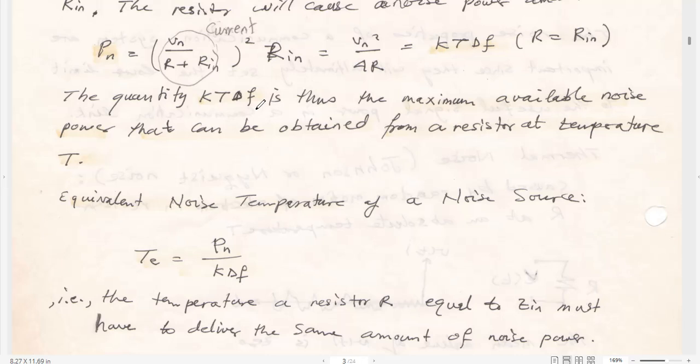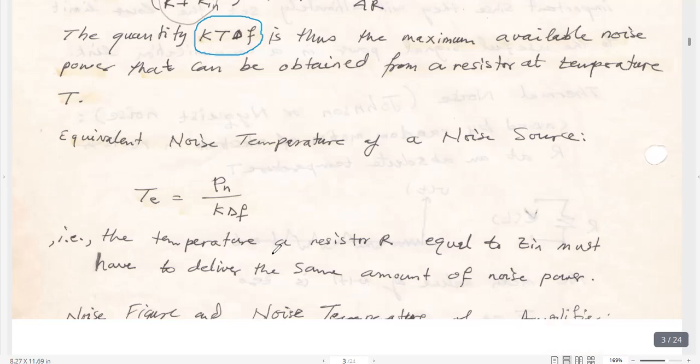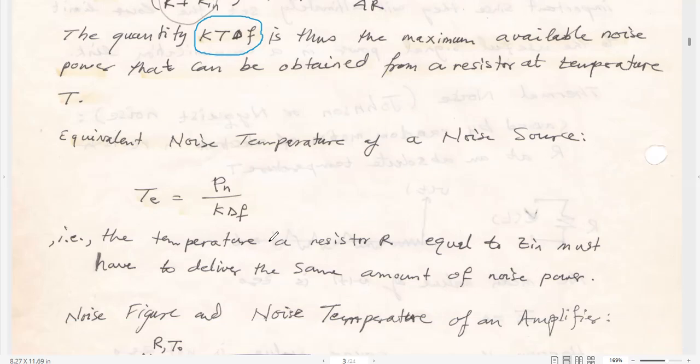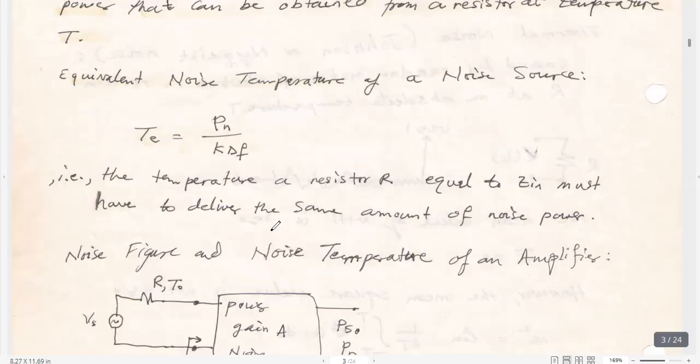Now, if we want to find the equivalent noise temperature, we divide the noise power by k delta F, and we will obtain the equivalent temperature. It is P noise power, kT delta F, over k delta F. You will obtain T. This is simple here, but in other cases it is not as simple as that.